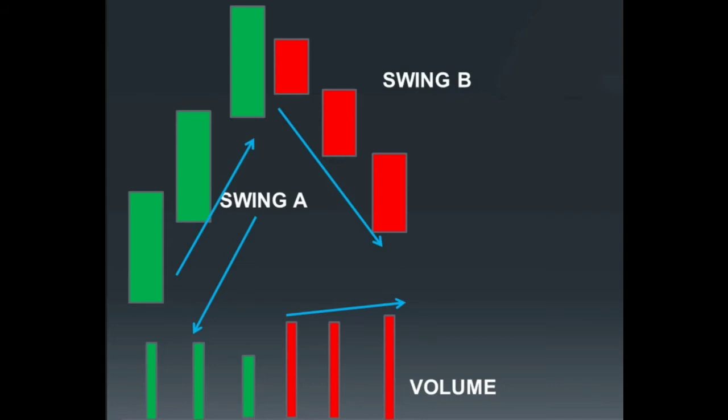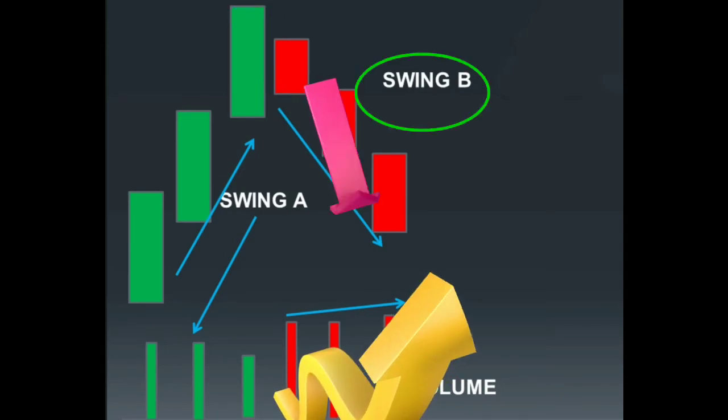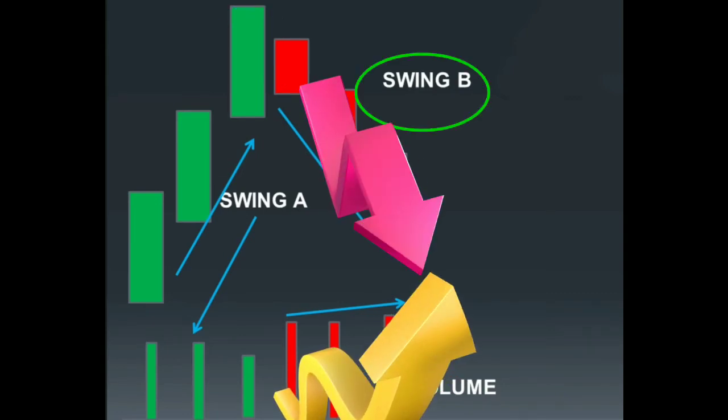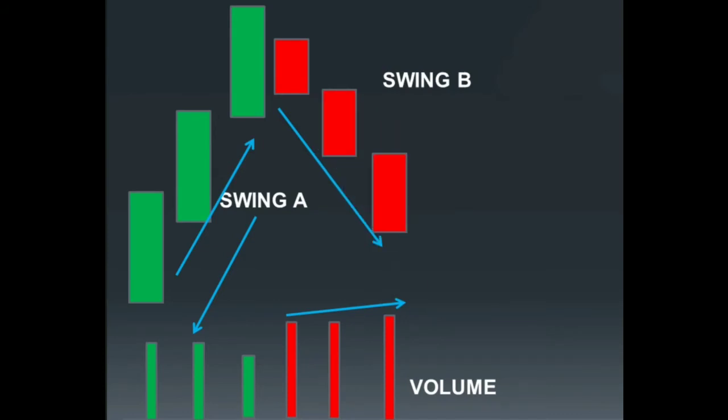That's why the market started falling immediately after the third candle. That's swing B. During swing B, we observed an increase in volume as price was falling, which shows that there is a likely continuation of the bearish trend. The movement of those candles will continue going downward.